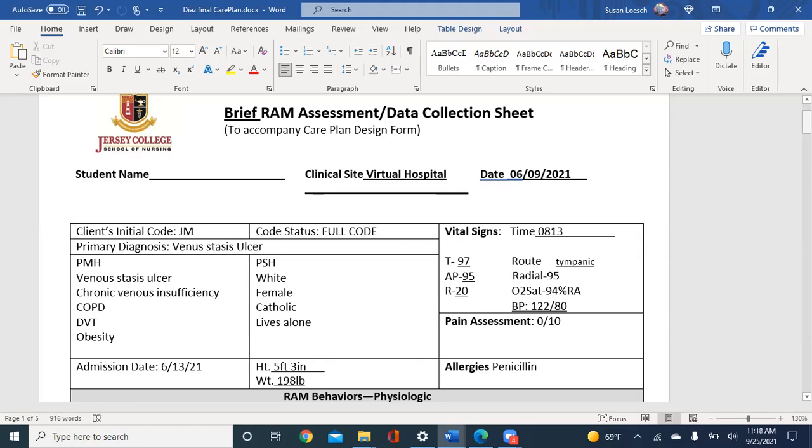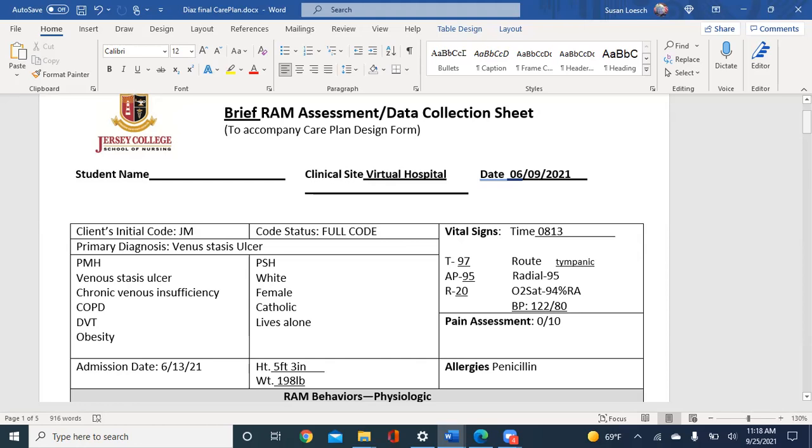So our patient's current situation is a fractured left hip, right? So that's going to be her primary diagnosis right there, that fractured left trochanter, I believe. Yes.